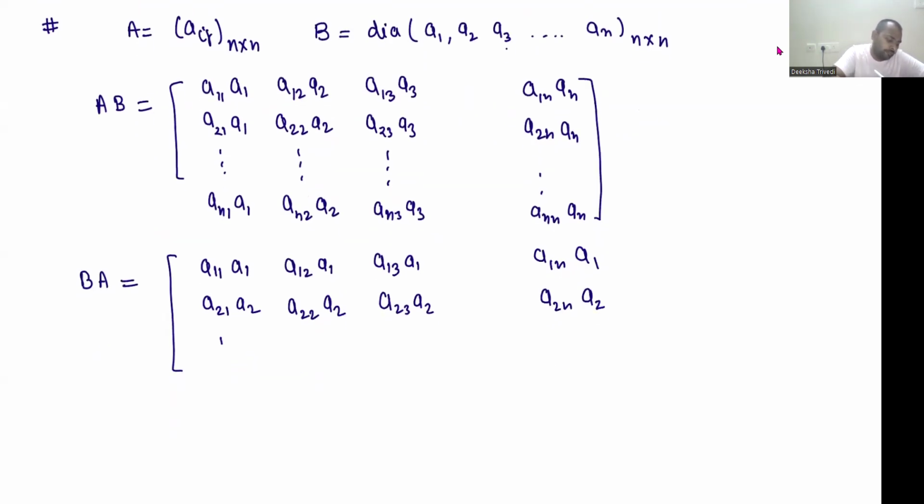Similarly, An is multiplied in the nth row. So An1 into An, An2 into An, An3 into An, and so on, Ann into An.